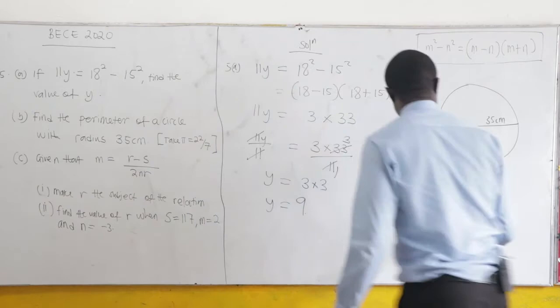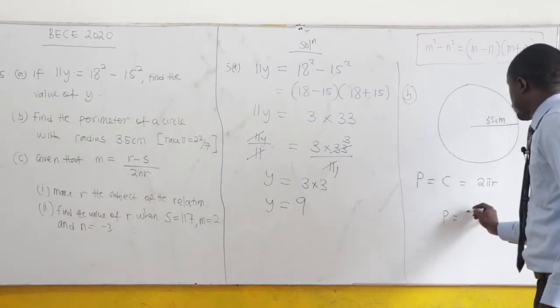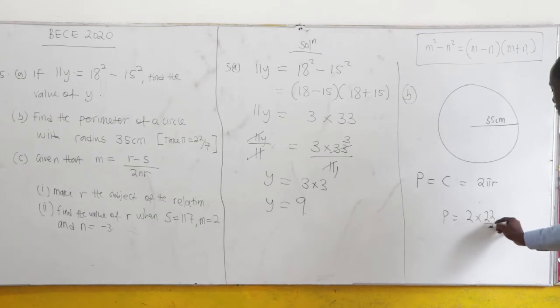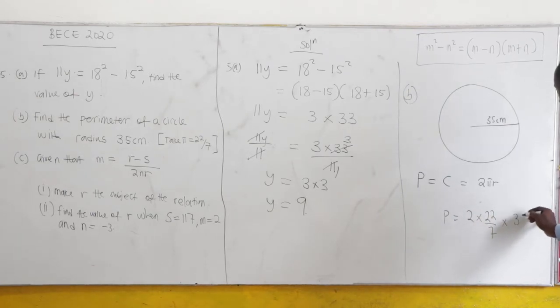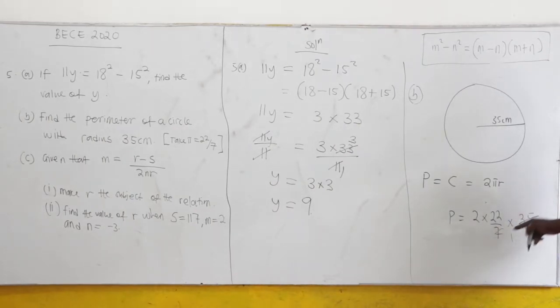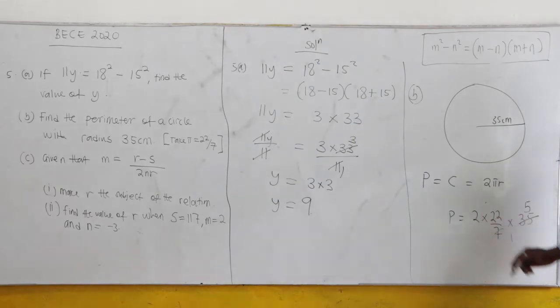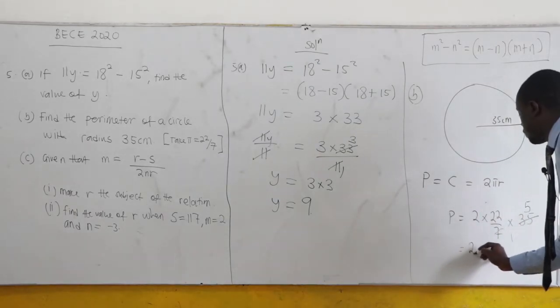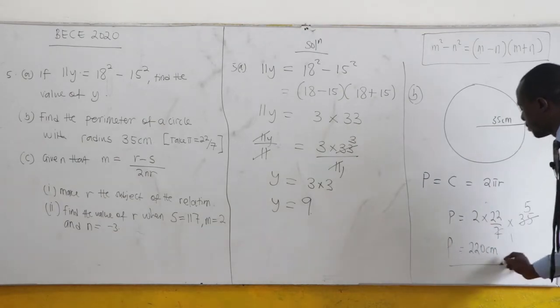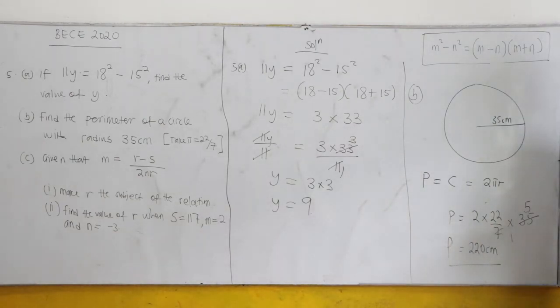So that's our perimeter. Pi was given as 22 over 7. What is our radius? Our radius is 35. Now let's see, 5 will go into 5 once, 5 will go into 35, that is 7, 7 will go into 35, that is 5 times. 5 times 2 is 10. 10 times 22 is giving us 220 centimeters. So that is the perimeter of the circle.